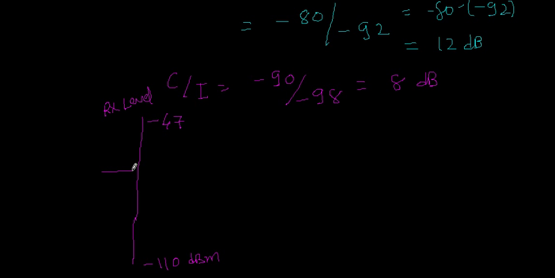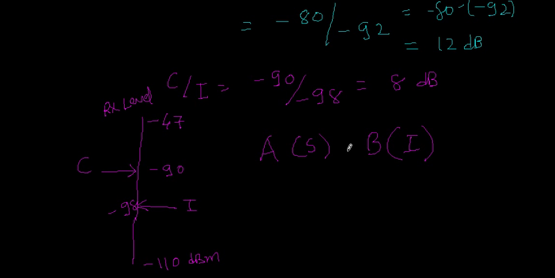Where exactly is your C, and where is your I? This is most important to understand. In our example C was minus 90 and I was minus 98, so this gap is not enough to decode the signal. Cell A is your serving cell, and cell B is your interference, right?